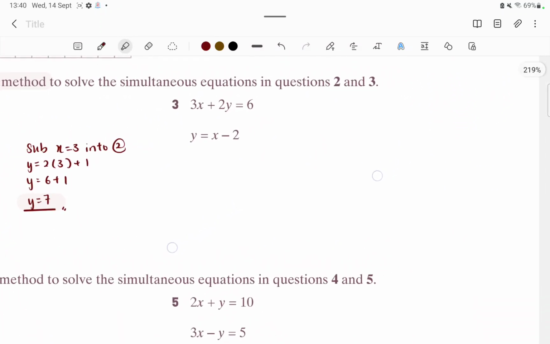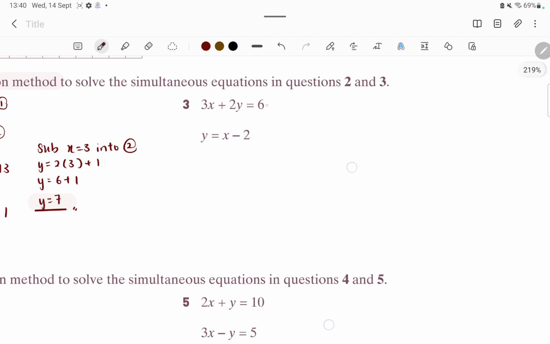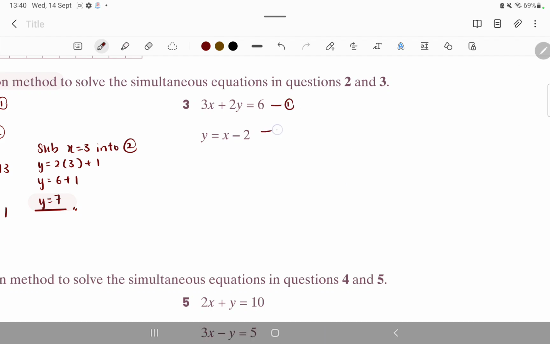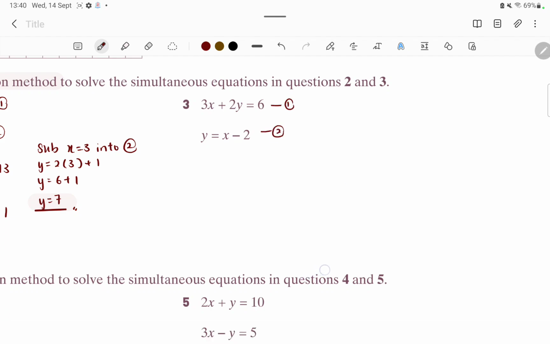Okay, number 3, equation 1, equation 2. So we can still substitute equation 2 into equation 1. Okay, so 3x plus 2(x minus 2) equals to 6.